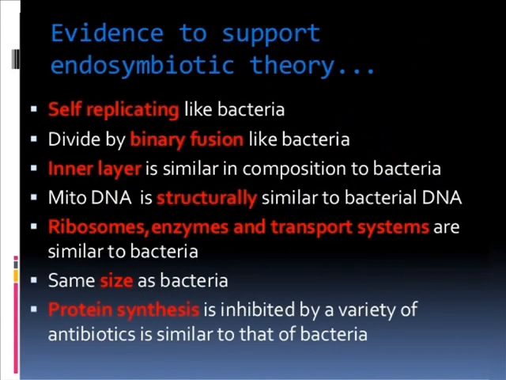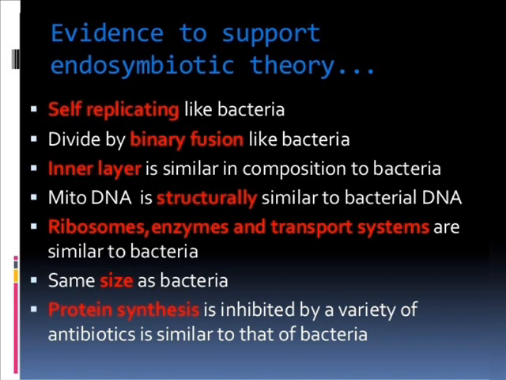Here are a few evidences for the endosymbiotic theory. The mitochondria are self-replicating like bacteria. They divide by binary fission as bacteria do. The inner membrane of the mitochondria is very similar in composition to the membrane of bacteria.